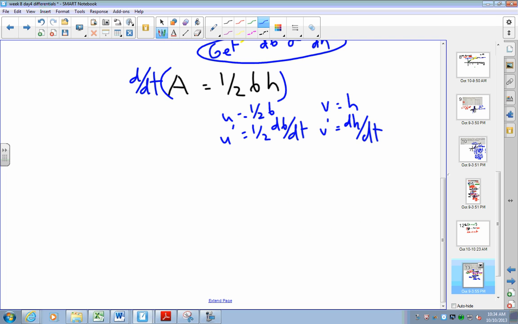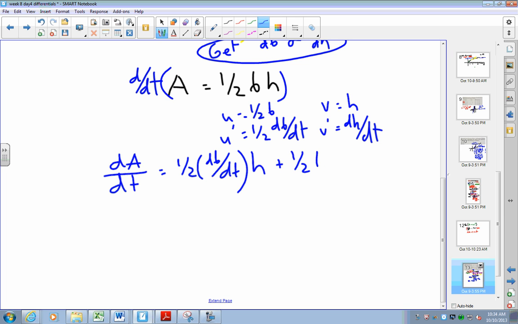So I got, what's the left worth? dA/dt equals 1/2 dB/dt times H plus 1/2 B dH/dt. Is that the case?